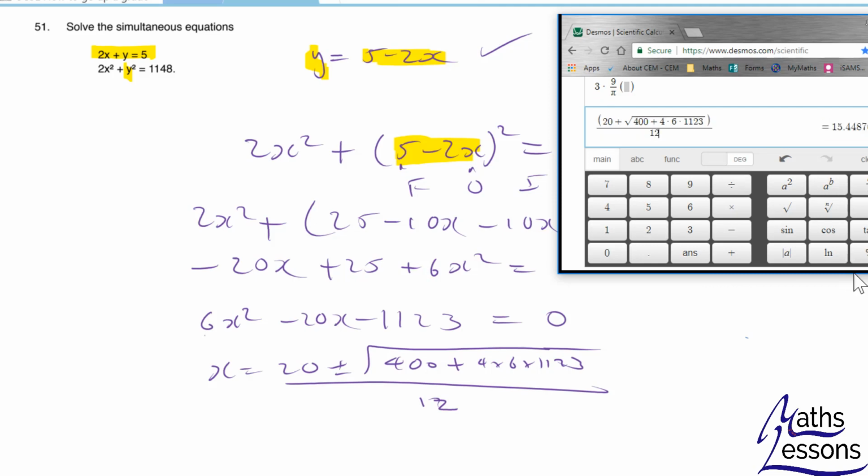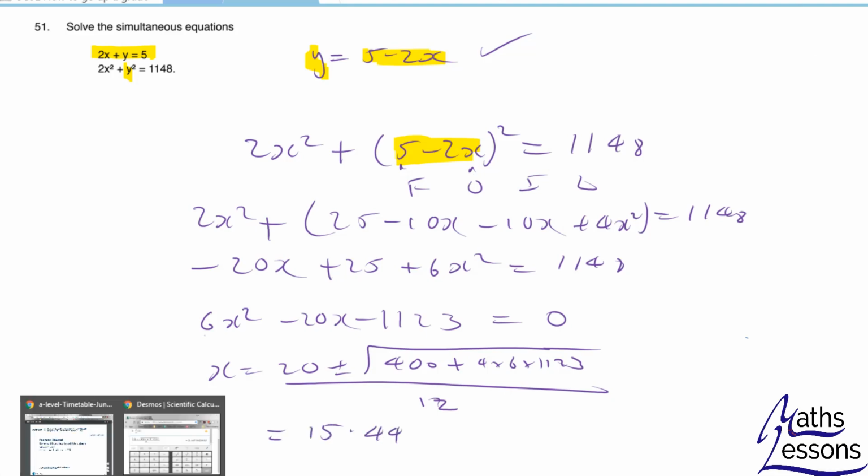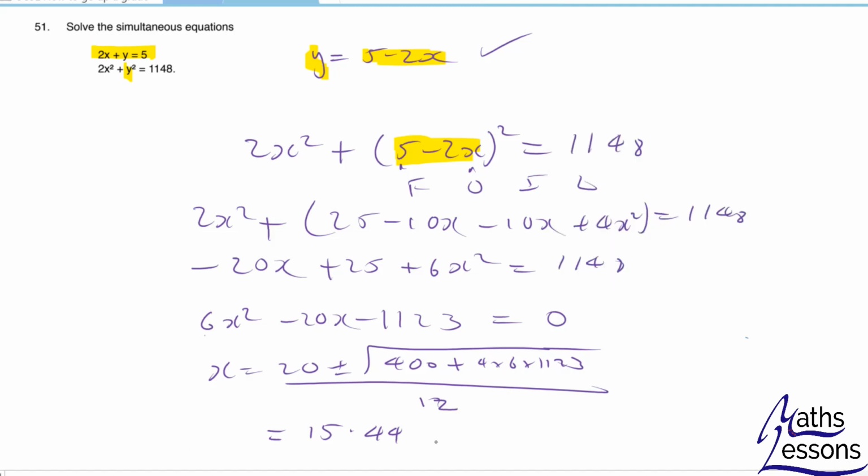And that gives me 15.44. And I just want to get the other answer, so I can change that to a minus. And I get 12.11.